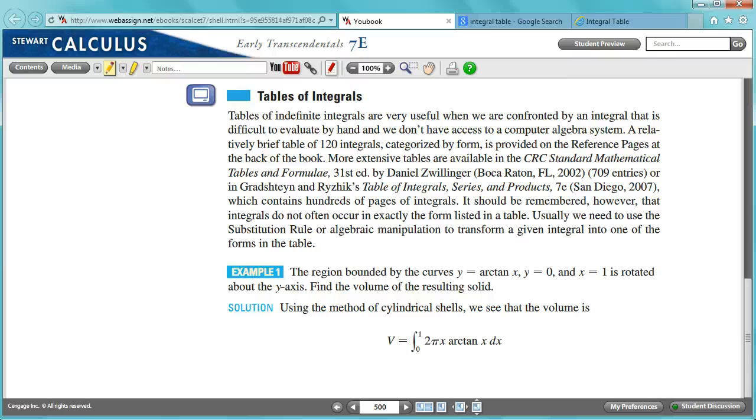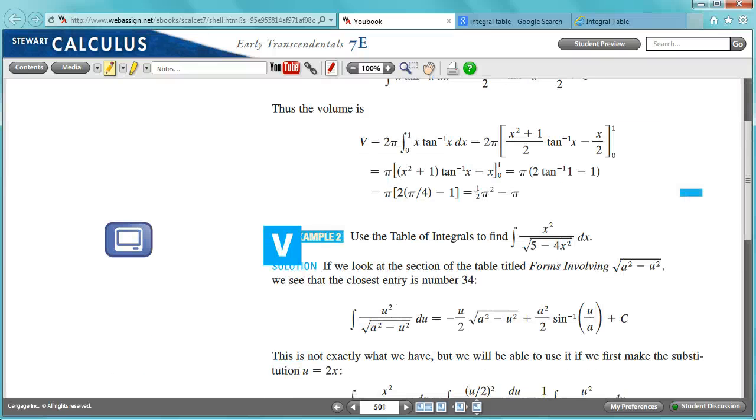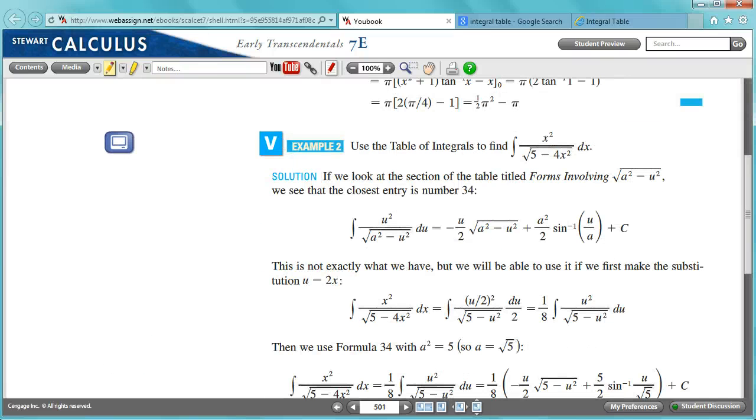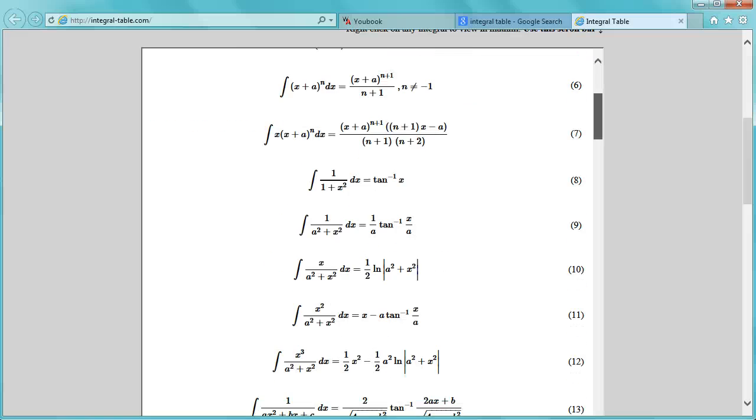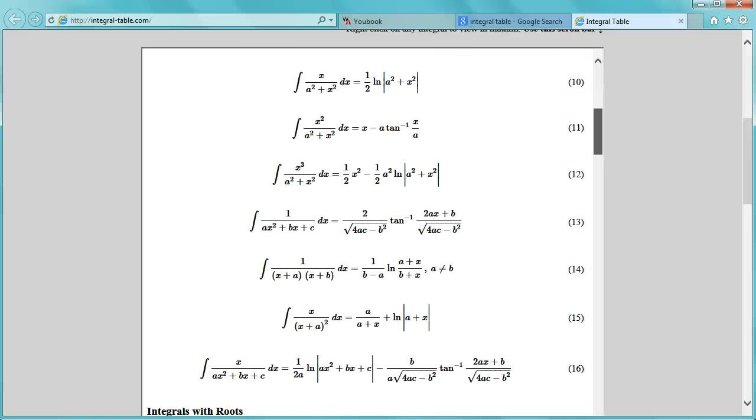2 pi x arctangent. Oh, actually, this is not too bad at all. This is integration by parts. Why is this problem here? Okay, you can find something involving a squared minus u squared in the integral table. Let's go over to the integral table, and it must be relatively on top.